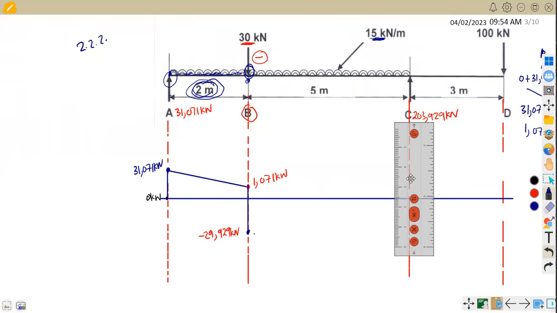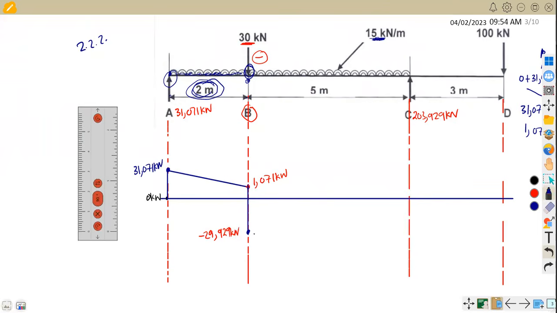Okay, then if you are to check here, from the point B up to point C, it's a distributed load again, 15 kilonewton per meter for 5 meters. So we're going to do the same thing what we did from A to B, which means we are going to subtract 15 times 5 this time.